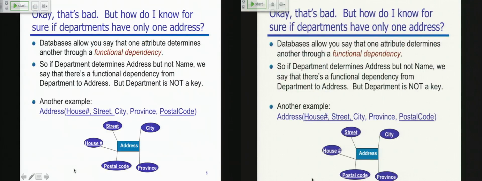Here's another example. The key here is house number, postal code, and street. If you know the three, then this is your primary key for your address. However, postal code will determine the city and the province. So there's a functional dependency that postal code determines the city and the province. However, postal code is not a primary key for this. It's not a candidate key.